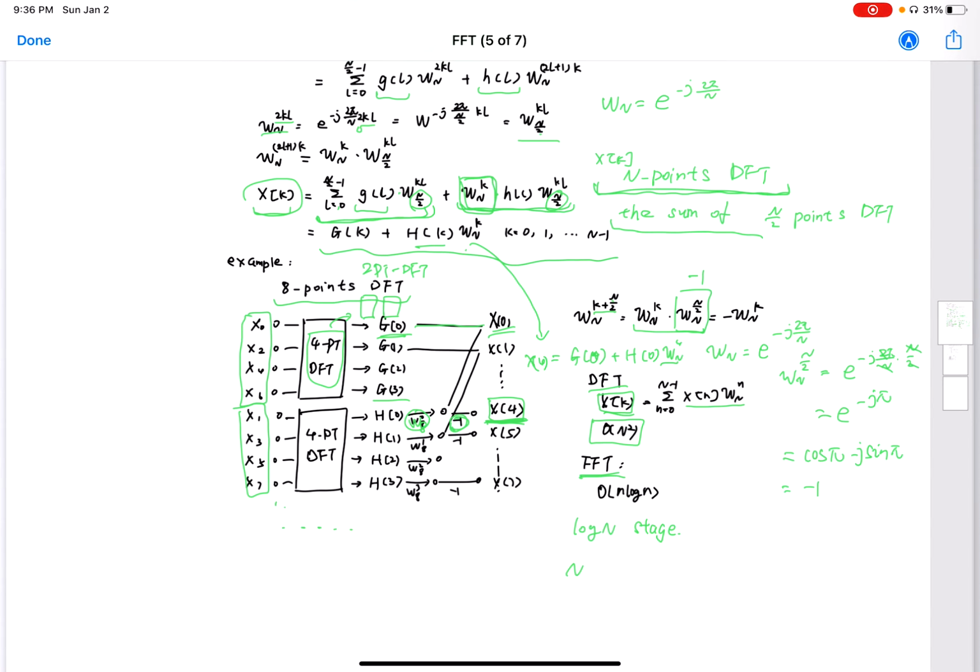Because we only use omega N to the power of k here, and omega N to the power of k plus N over 2 can be represented by omega N to the power of k, the multiplication is N over 2 and the addition is N. So the complexity of FFT is O(N log N). So this is an efficient algorithm.